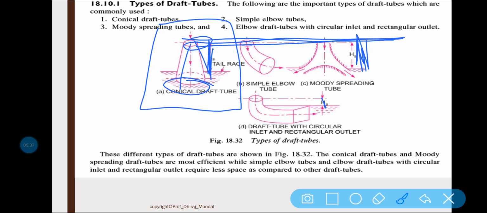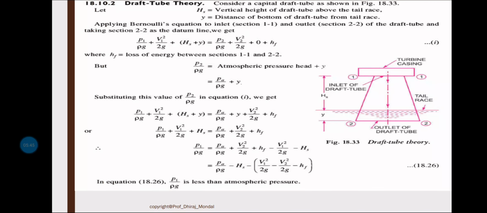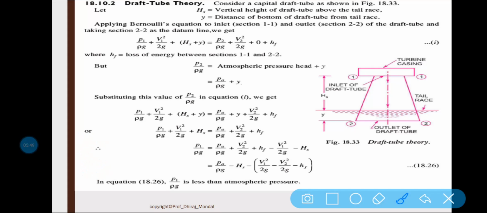It increases the pressure head at the outlet, and as a result the water comes out. Every time I am telling that it increases the pressure head at the expense of velocity head.